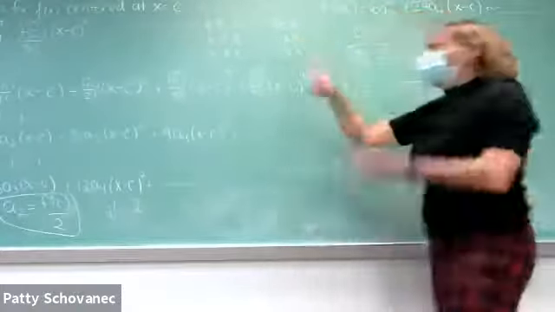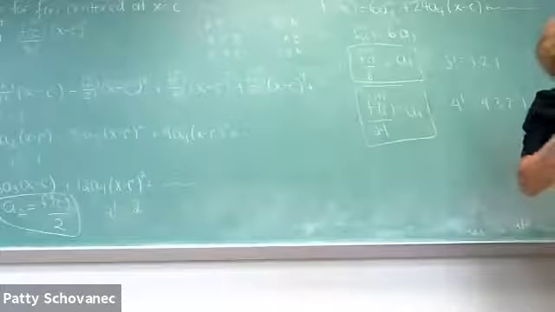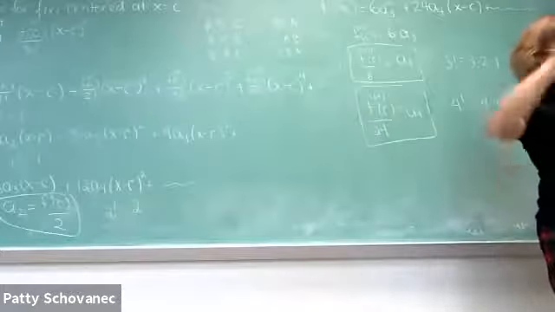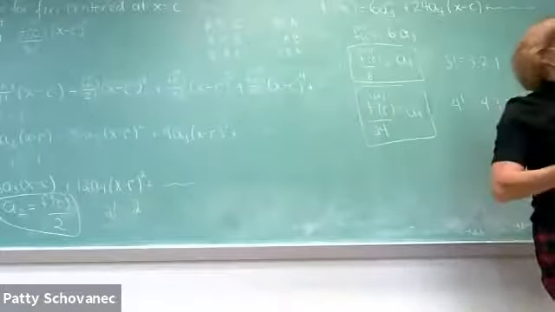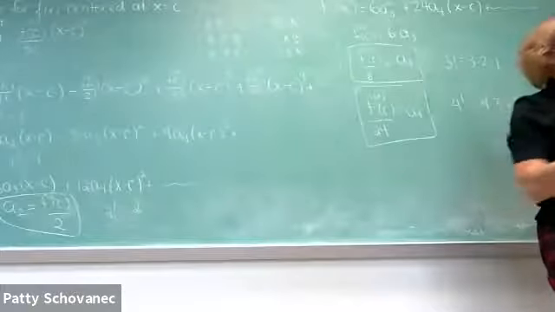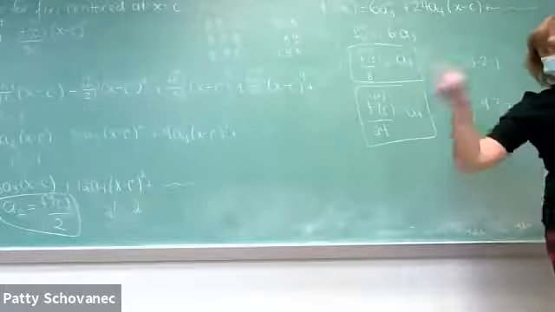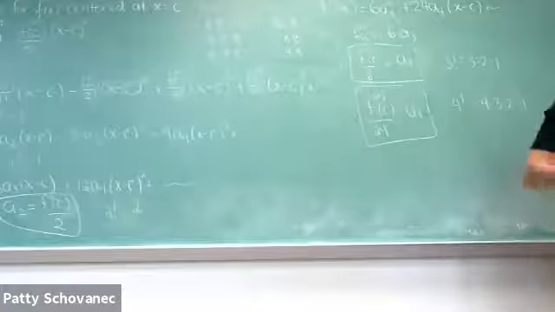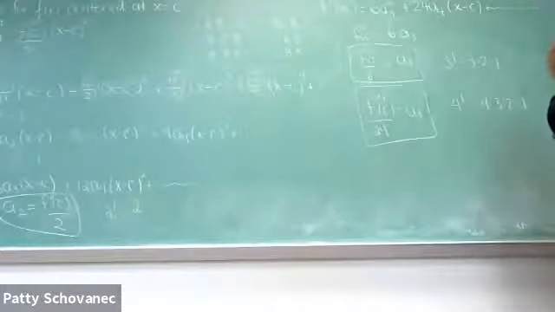So 3 factorial is the number of ways to put 3 things in a row. 2 factorial is the number of ways to arrange 2 things. 1 factorial is the number of ways to put 1 thing in a row. You stay here. 0 factorial is the number of ways to put 0 things in a row. There's only 1 way to do it. Just stand here and don't do anything. So there's 1 way to put 0 items in a row.